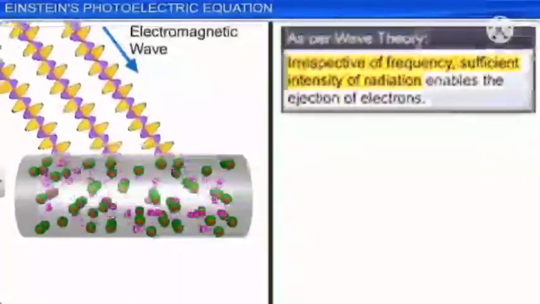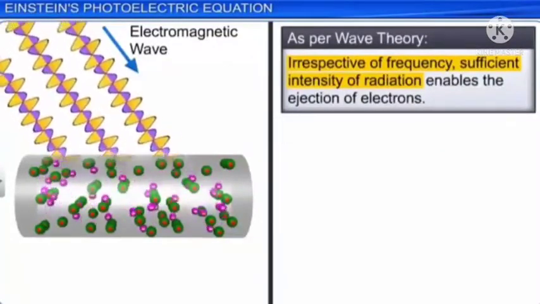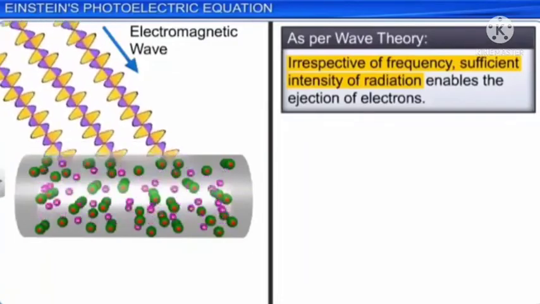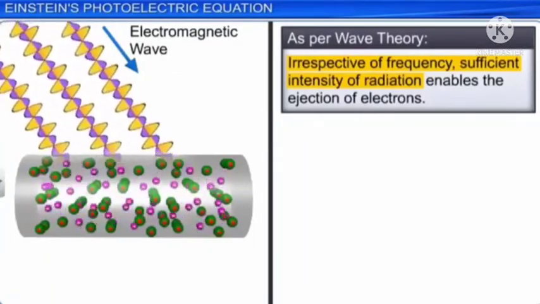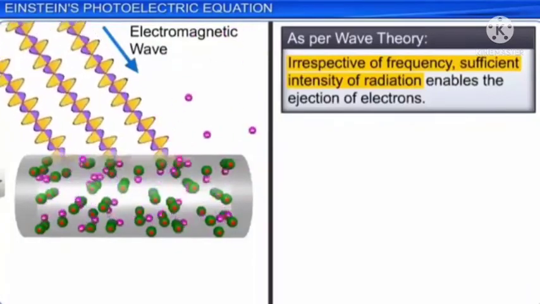Further, according to the wave theory, radiation of sufficient intensity over a period of time, irrespective of the frequency, should be able to eject the electron from the metal surface.